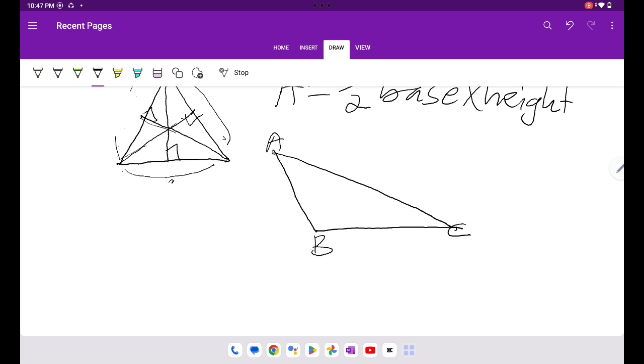The base is still BC, but when we want the height, we'll have to do it outside. So we extend the base outside there, and then we have our height, which is outside. Or we can extend it this side, and then we have our height there. But the base is still BC.